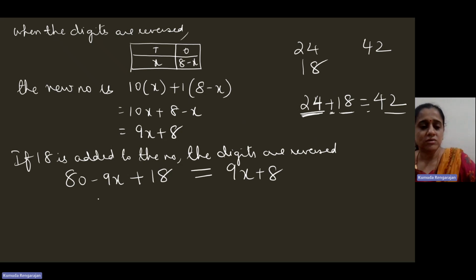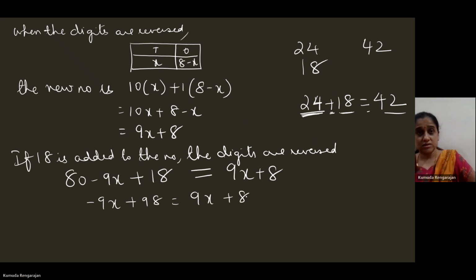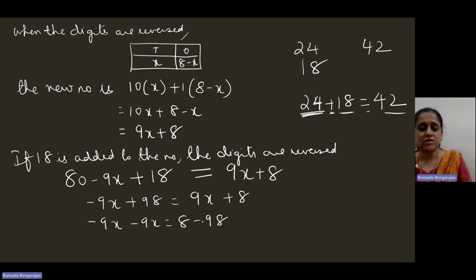Now, 80 plus 18 is 98 minus 9x, is equal to 9x plus 8. Now, we'll have to have the x terms on one side. So plus 9x from the right-hand side comes to the left-hand side. So minus 9x minus 9x, minus 18x is equal to 8 minus 98. So minus 18x is equal to minus 90.